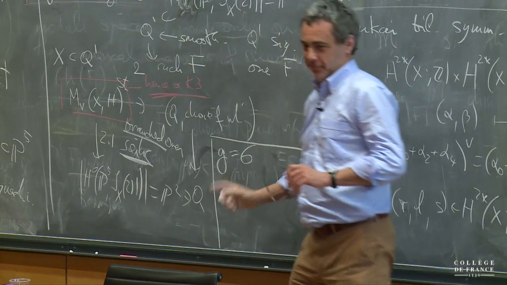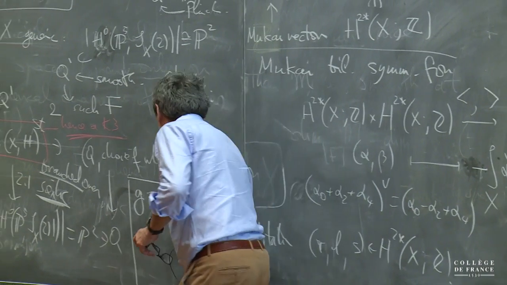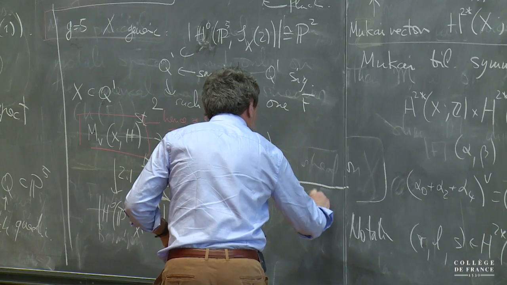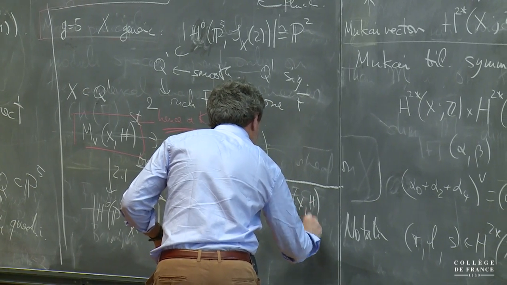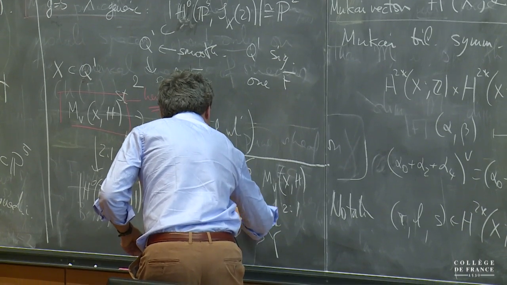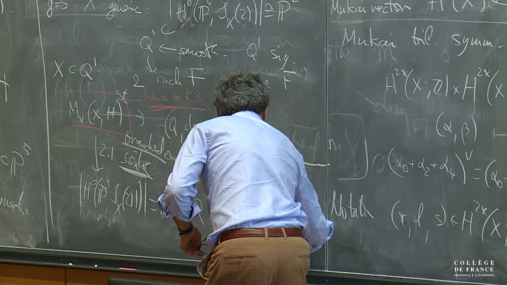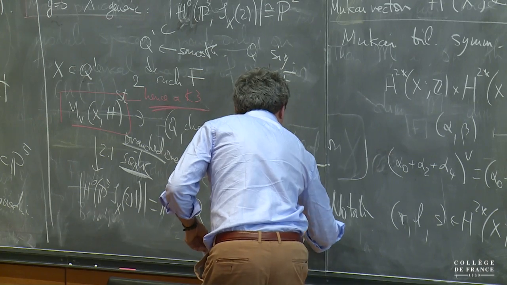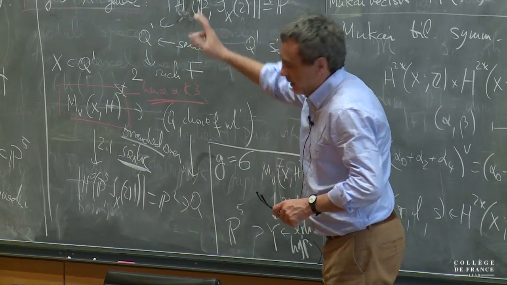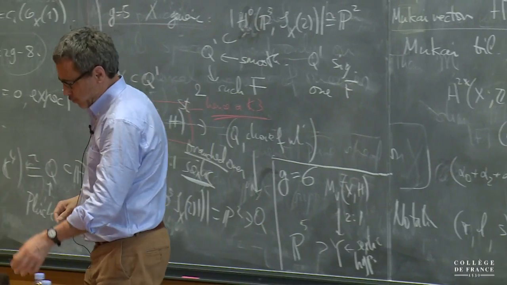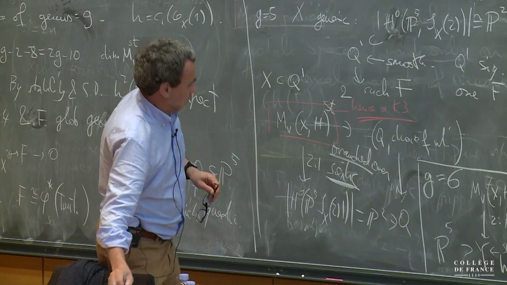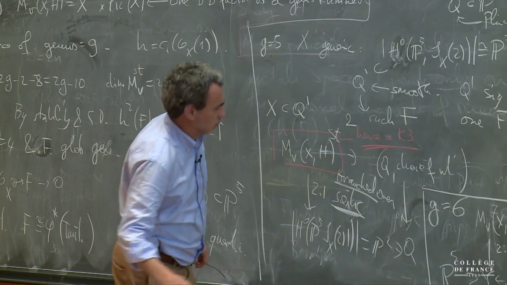In this case, this is 2 to 1 over a sextic hypersurface in P5. It's not a sextic curve, a sextic hypersurface. And something similar, you have to look at rank 6 quadrics containing X and so on. And this very nice example is due to Mukai.